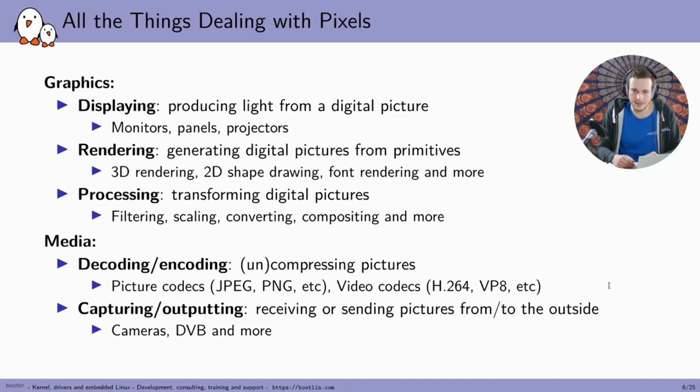Then we have another type of thing that we can do in graphics, and that's processing. So the idea of processing is that we want to modify something in a picture, or we want to transform it more generally. So an example of this would be, for example, compositing, where we take multiple pictures and we put them together.